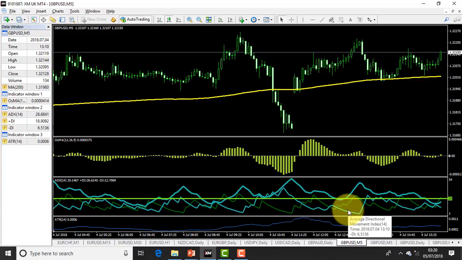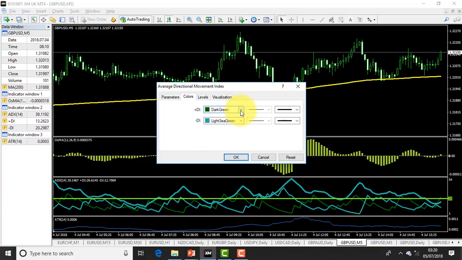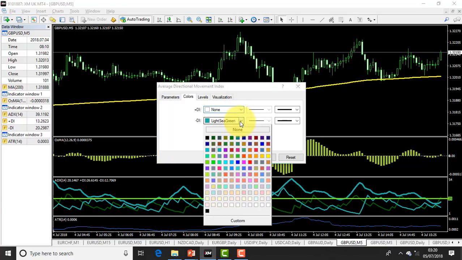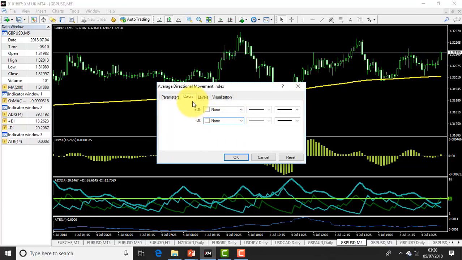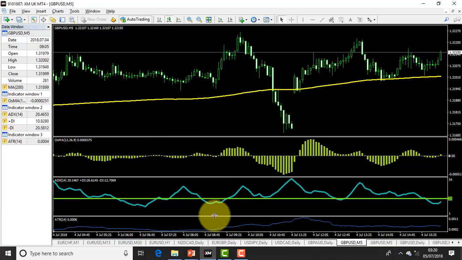Very cumbersome, convoluted. But what is important is just the ADX line, the thick line over there. That's why I made the other lines not visible, because we don't really need them. So this one's none. We don't want any colors for it. The one we need color for is this main one. Okay, and hence it looks like this.